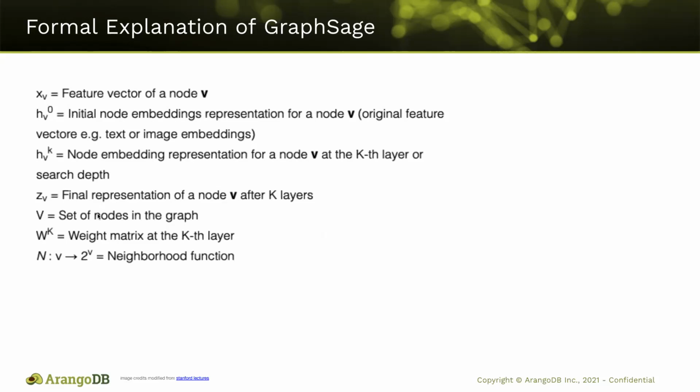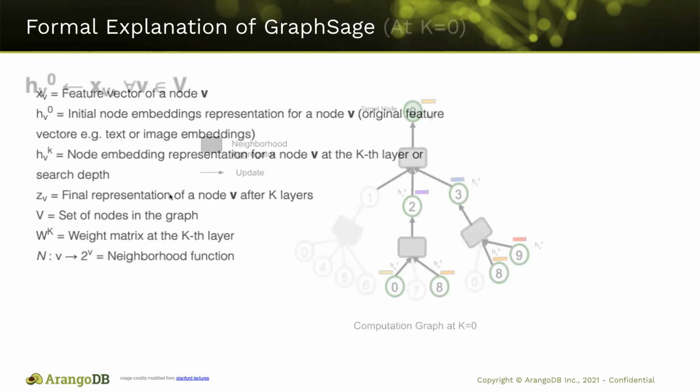Then V is the set of nodes in the graph, and W k is the learnable matrix at the kth layer. This is proportional to how many layers we are using. So if we are using 3 layers in GraphSAGE, then we will learn 3 different matrices, one at each layer. And then this is the neighborhood function.